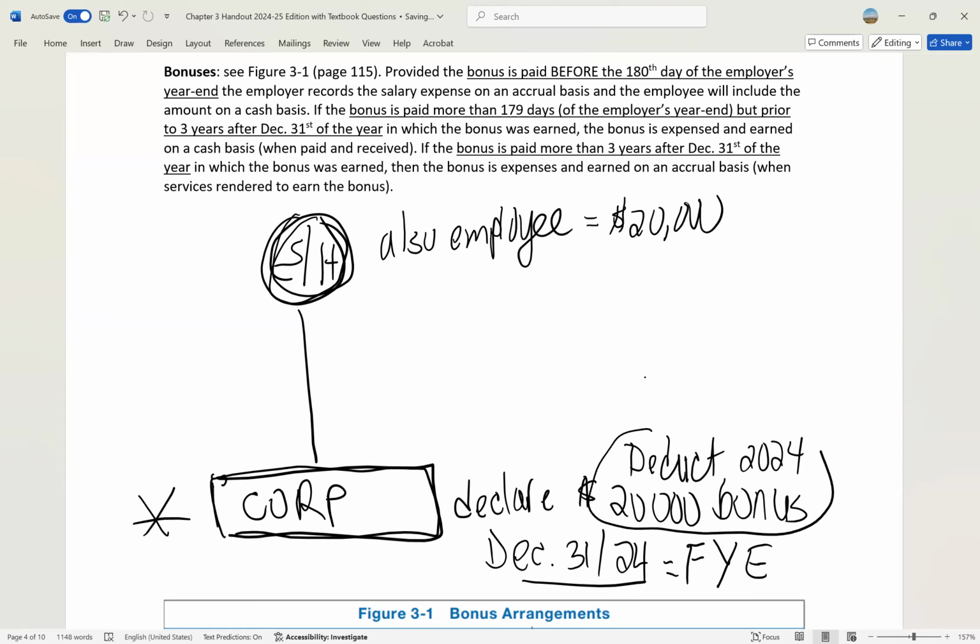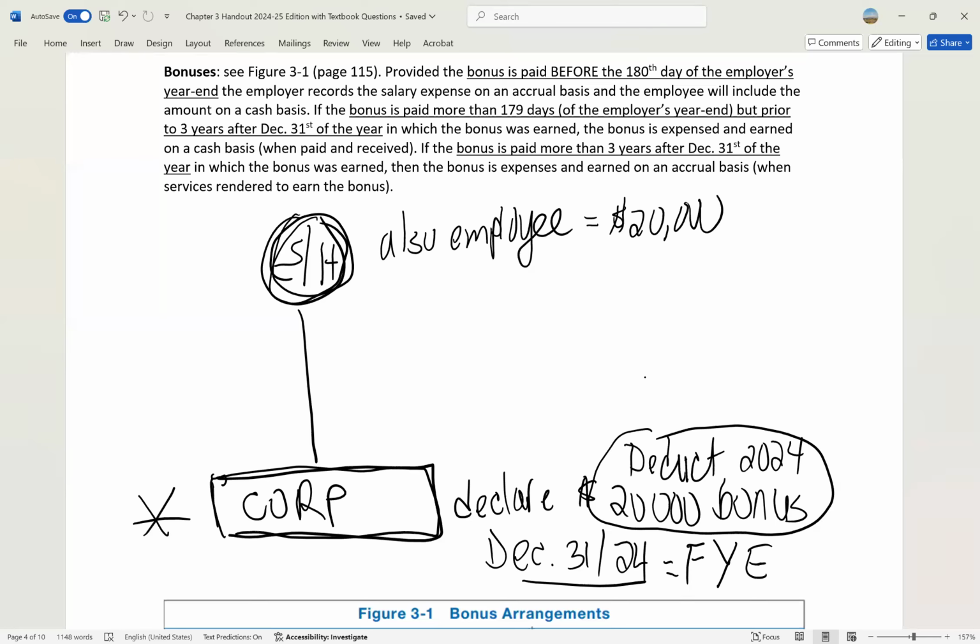This applies to any employee, not just shareholders, but it happens a lot with tax planning for owner-managed companies. So this company declares a bonus because this employee did really well this year. The bonus is for $20,000 and it relates to the 2024 year. So the company gets to deduct $20,000 when they calculate their income for 2024.